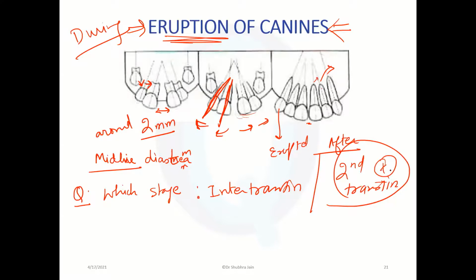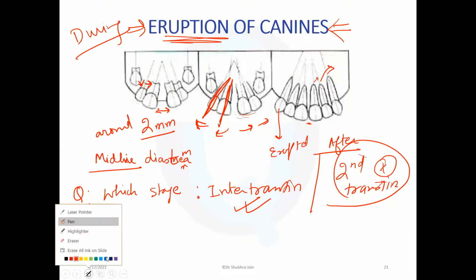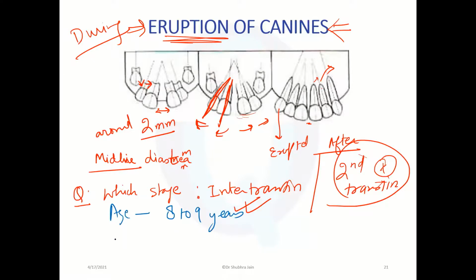It occurs in the intertransition phase. What is the age when it occurs? Around 8 to 9 years.